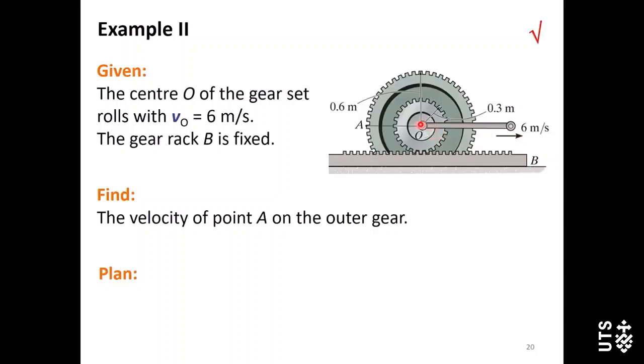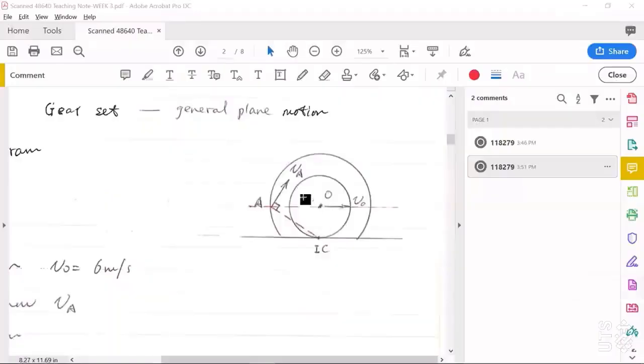Why? Because the distance from this center point O to the gear rack is always the same. So this means for point O, its moving path is a straight line. So its velocity must be horizontal. Okay, we draw a kinematics diagram.